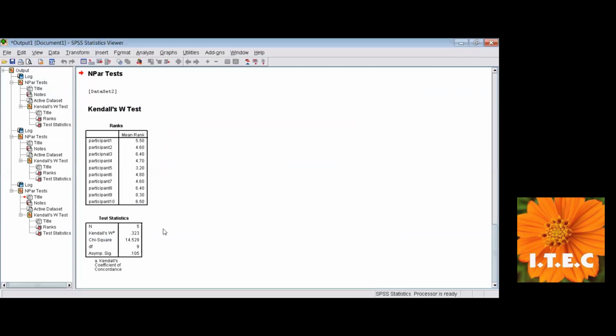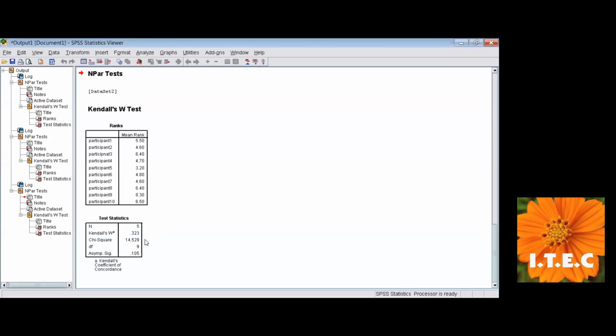Now you can see, here there is very less agreement, and chi-square is not significant.